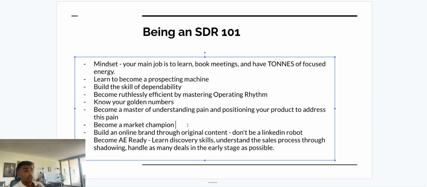Becoming a market champion. What I mean by that is you've got to start understanding the market that you're in as well. So if you're in cybersecurity, you want to start to broadly understand the cybersecurity ecosystem.